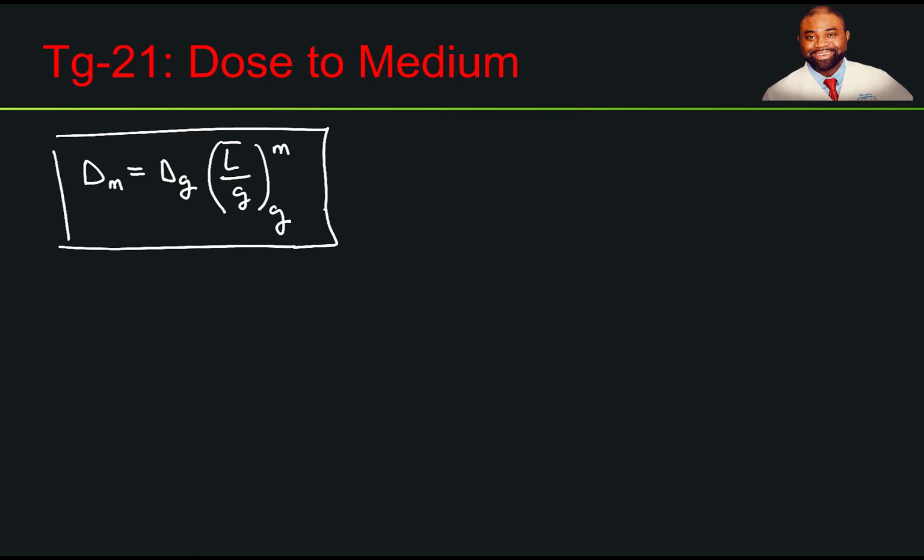We know that this is equal to the corrected meter reading multiplied by N gas multiplied by P ion multiplied by the ratio of the restricted mass stopping power.